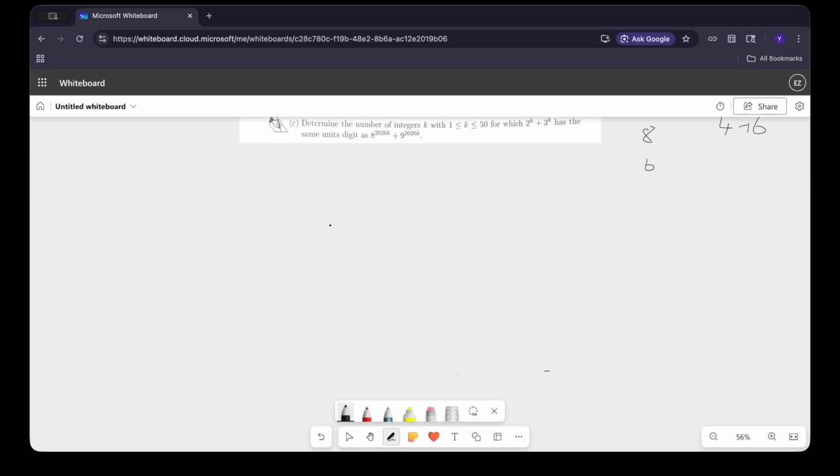First, let us inspect the first case, 2 plus 8. Here, since it's 2^(2j) plus 2^(3j), we can consider only the exponent part first.